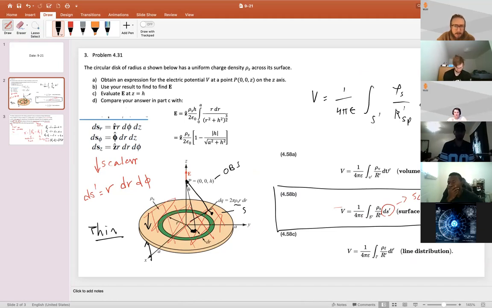We just made a triangle and figured out what our variables were going to be. We have some triangle between our observation point out here, which has some variable R, and some height Z that we are observing at. And we just figured out what this length is.